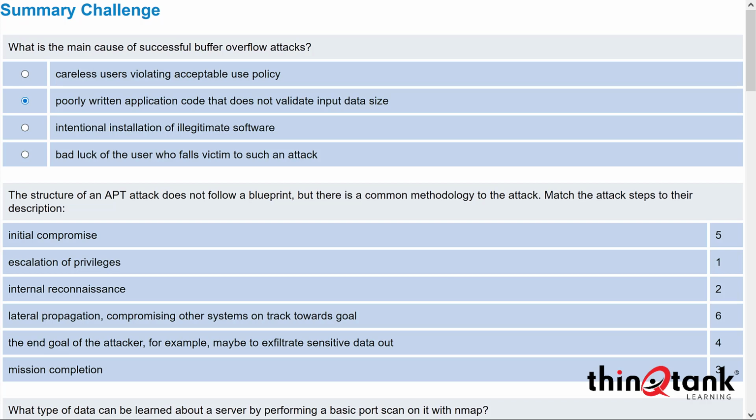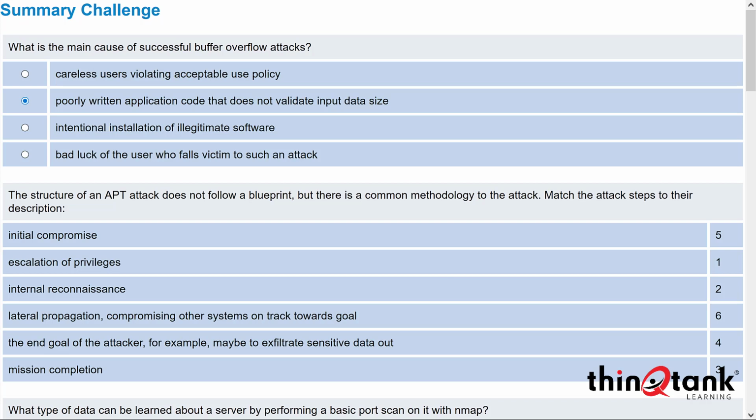The structure of an APT attack does not follow a blueprint, but there are common methodologies to the attack. Match the attack steps to their description. All right, well, these are listed in order, I can already tell. The initial compromise would be the first thing that would happen. Then we would try to escalate our privileges.